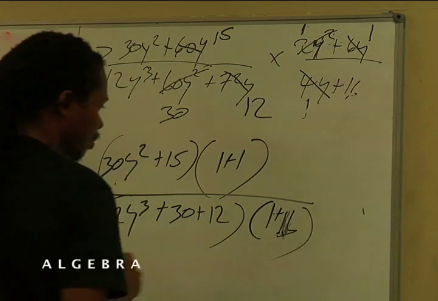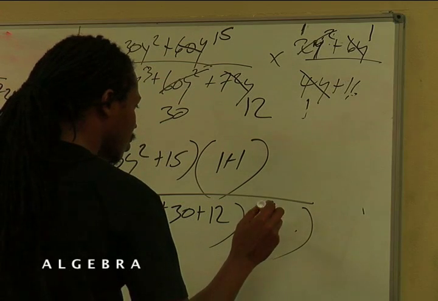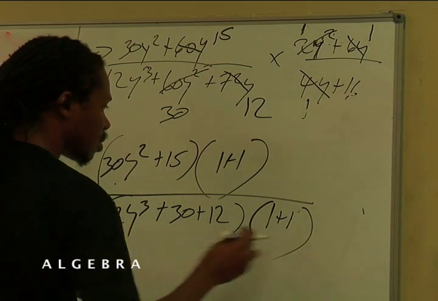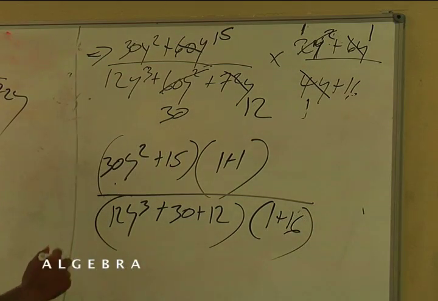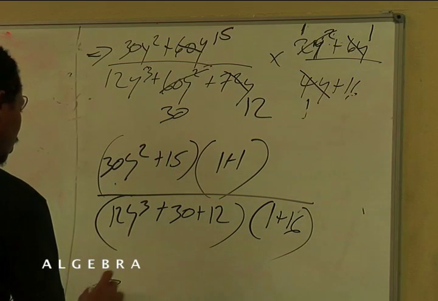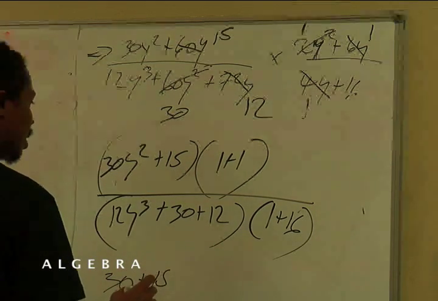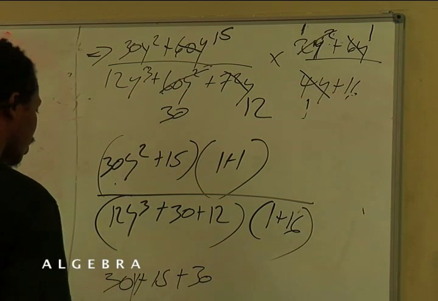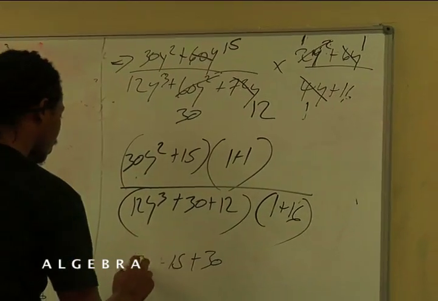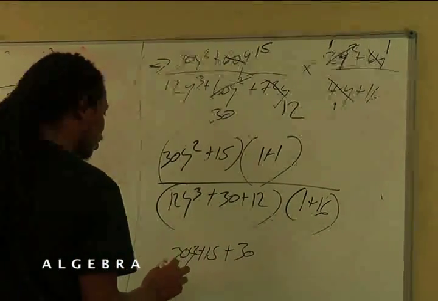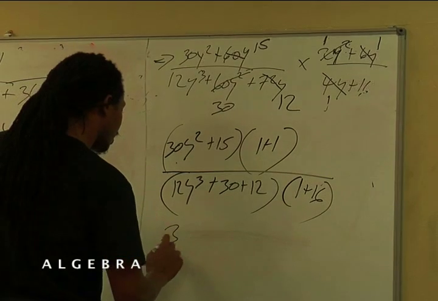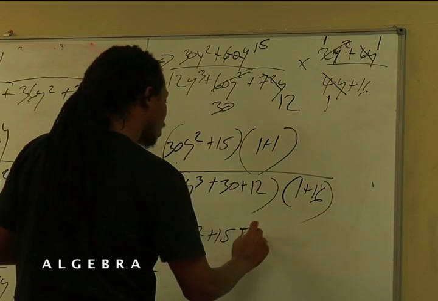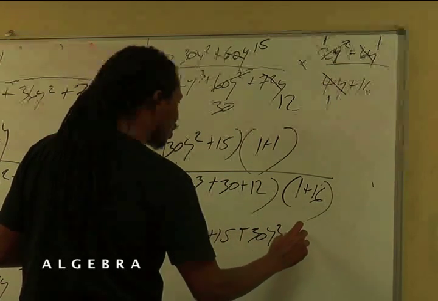Calculator time now. 30y squared plus 15, plus 30y squared plus 15.